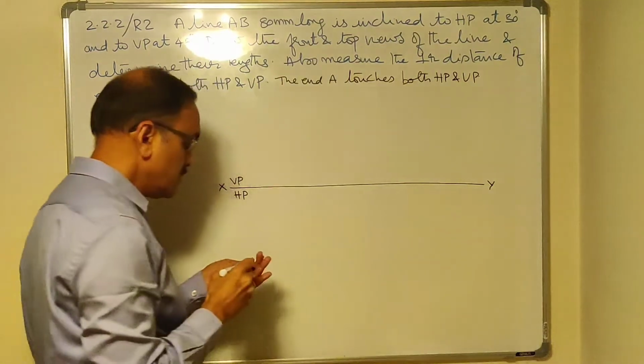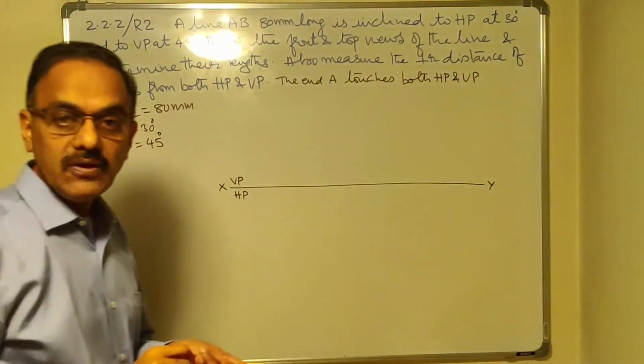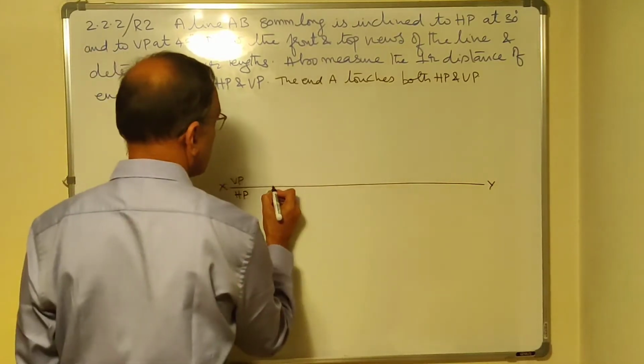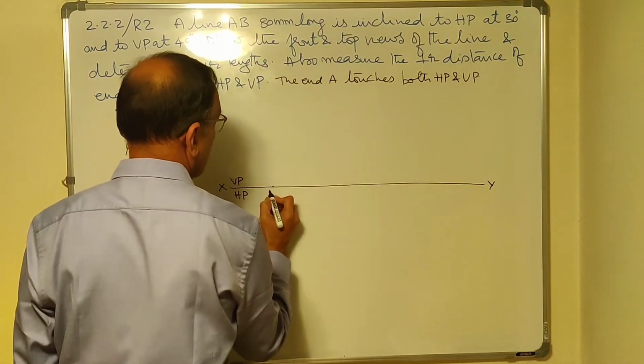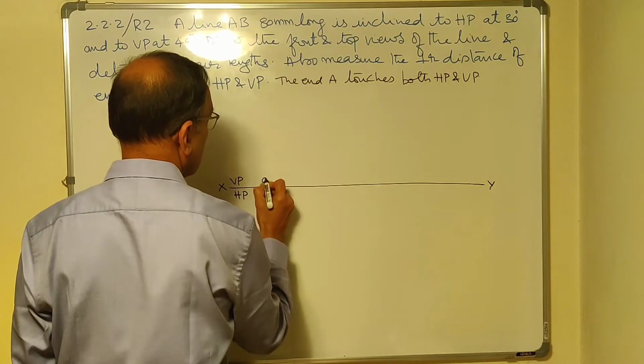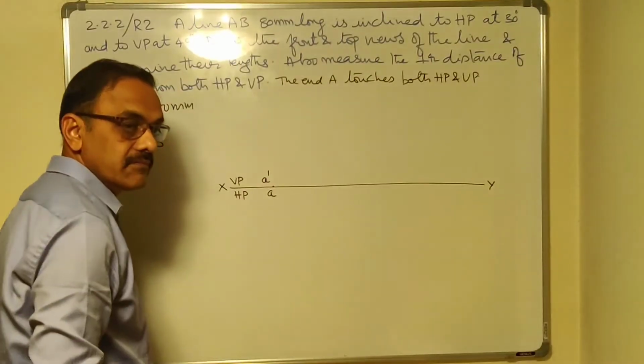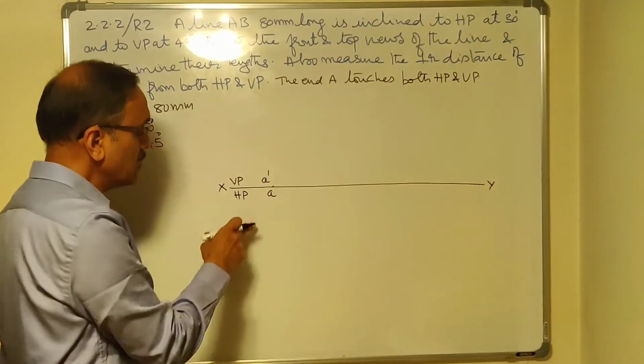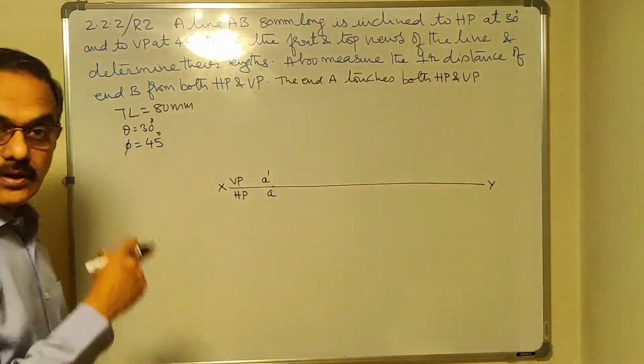So A is in HP and A is also in VP. So I can start with that. Top view you draw below XY line, front view you draw above XY line. So accordingly I have marked the points, but it is the same point.